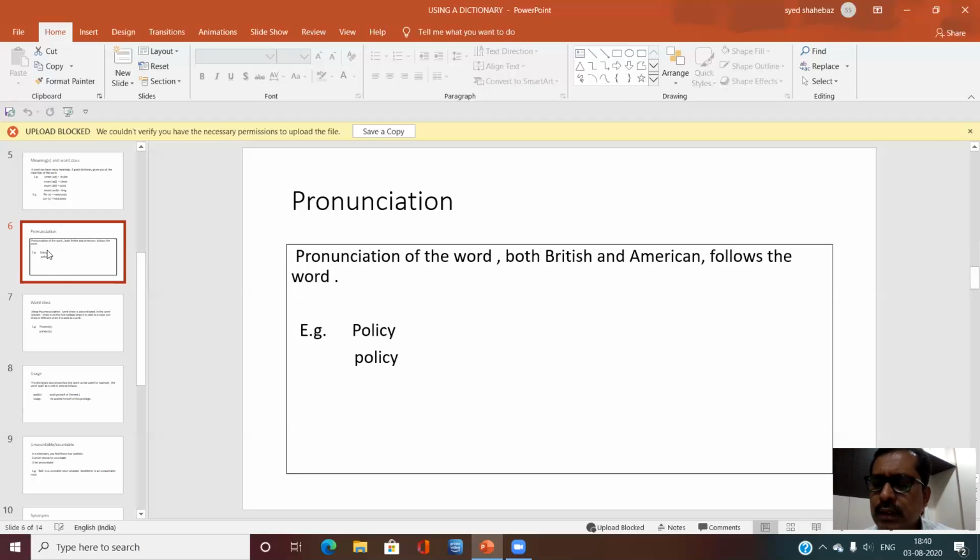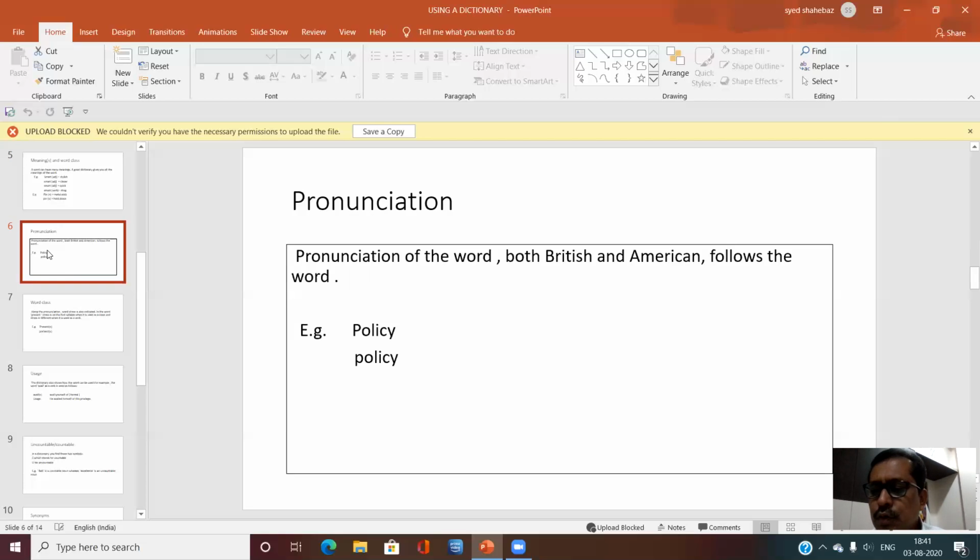If you click the word, you can listen to that word many times until you are satisfied, until you grasp the correct pronunciation of the word. You go on clicking that word. That gives the oral pronunciation, the audio clip will be played. You can pick up the correct pronunciation in this way.